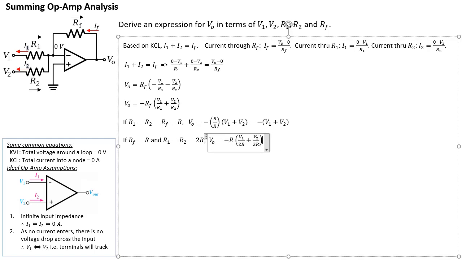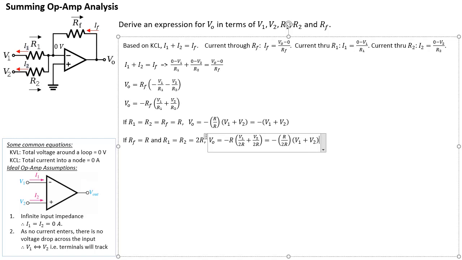Okay, so again, I can take the 1 over 2R from inside the bracket and take it out. So I'm going to end up with a, don't forget the bracket again, like that, and then this is then multiplied by V1 plus V2.